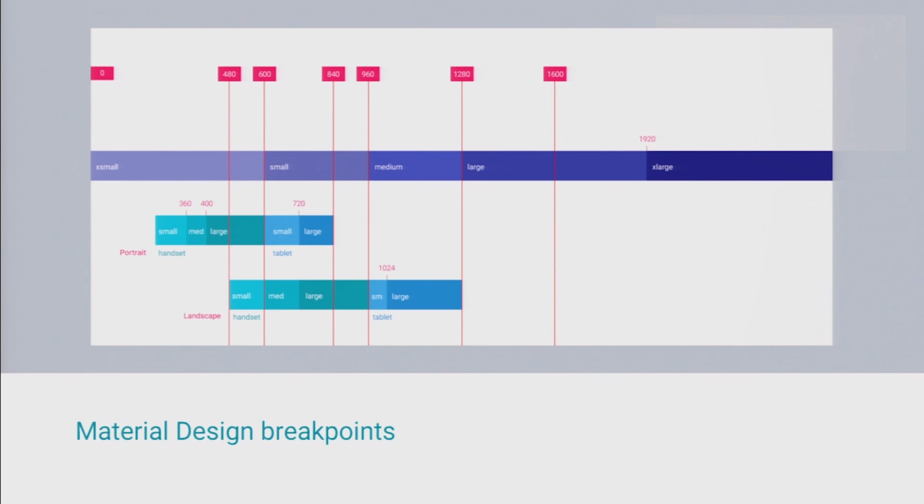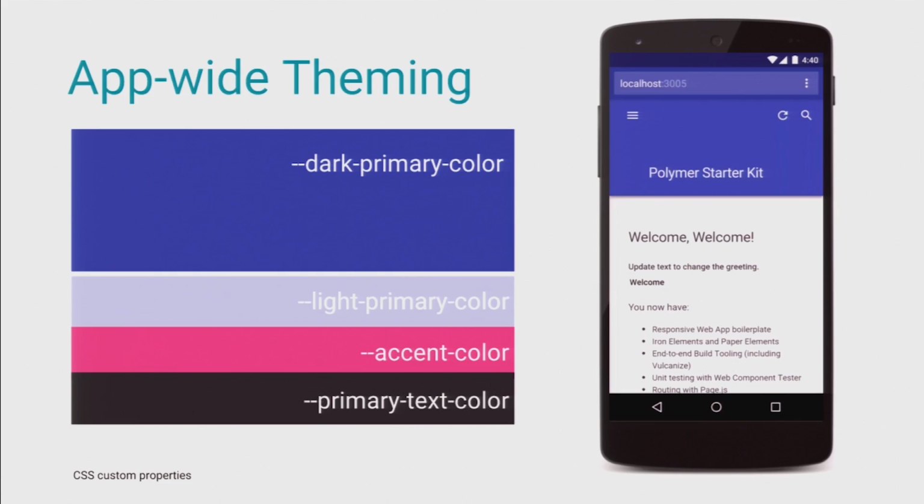So you could use the breakpoints that are recommended for the different devices as part of the Polymer Starter Kit. And this is also really neat. We support app-wide theming using really first-class support for CSS custom properties. And this allows you to apply a consistent theme for all the different elements within your app.